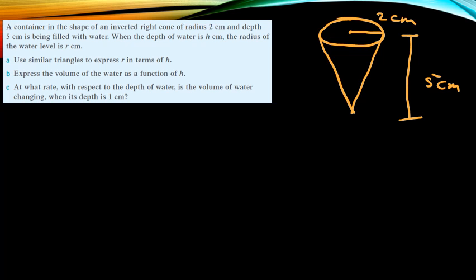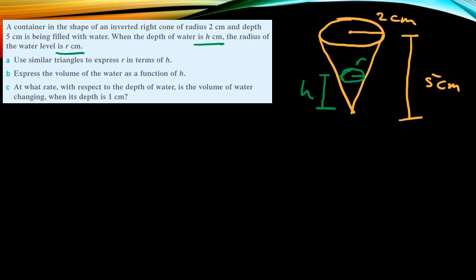Then, if we're looking at the center bit, like so, what's our radius? It says on the description, when the depth of the water is h, the radius is r. So at this point, our radius is r, and our depth is h. Then, we need to express r in terms of h.